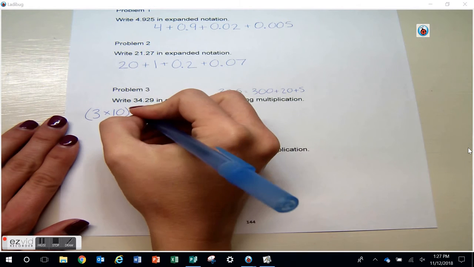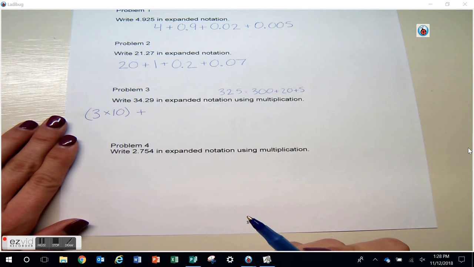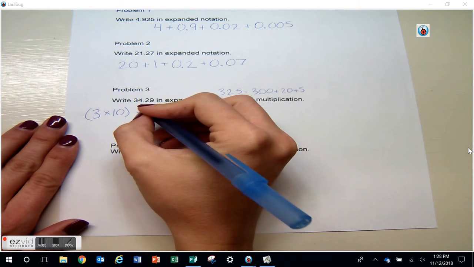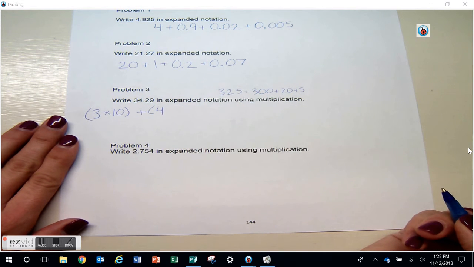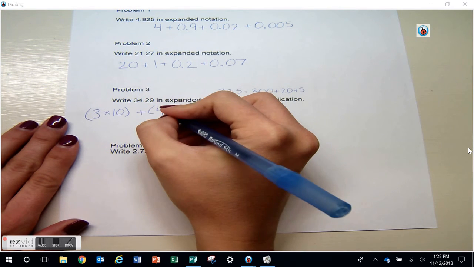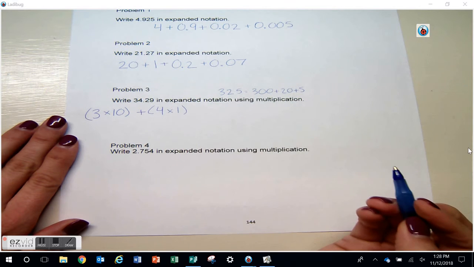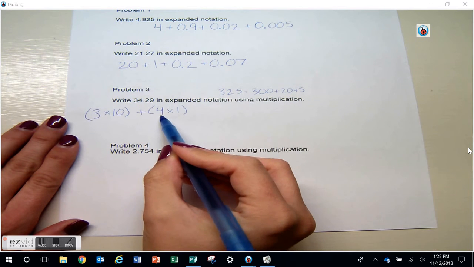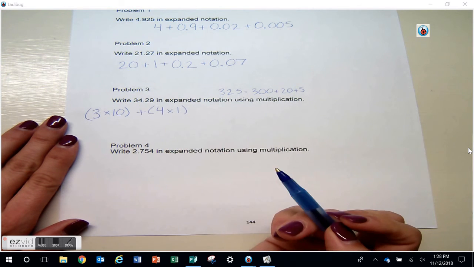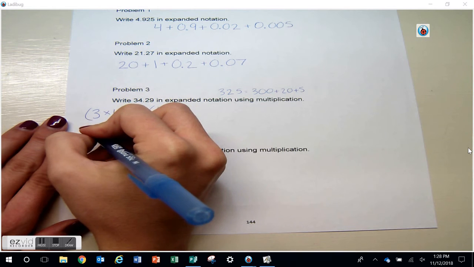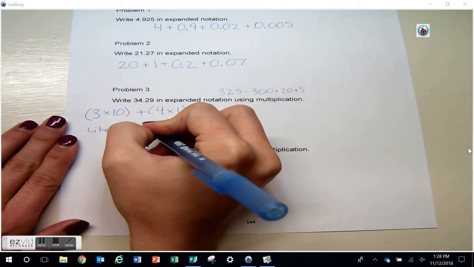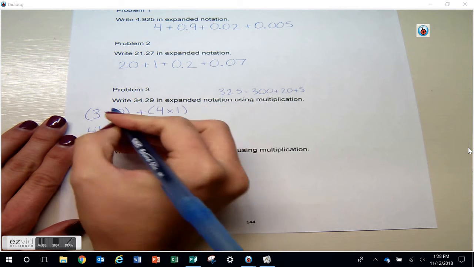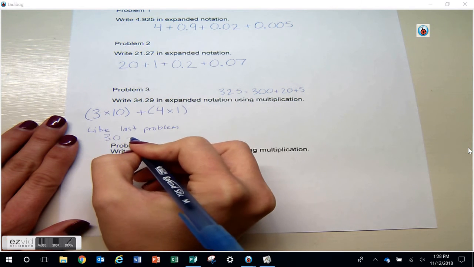I'm going to add that to the next place value I have. The next place value I have has a 4 in it. What's the place value of that 4? That 4 is in the ones place. Well, 4 times 1 gives me a value of 4. I'm going to write a little example. Like last problem, here we would have 30 plus that 4.